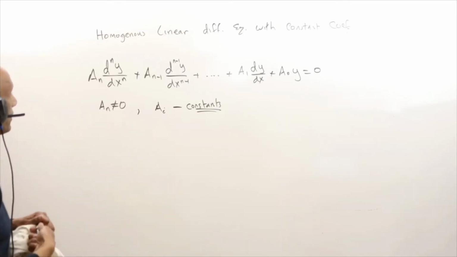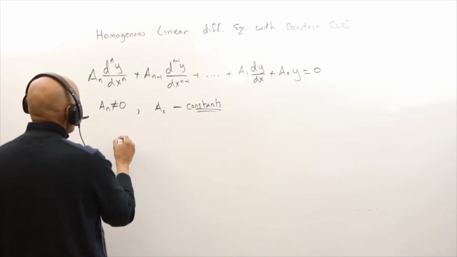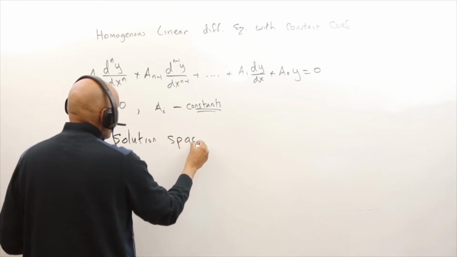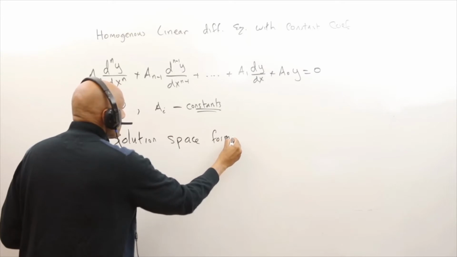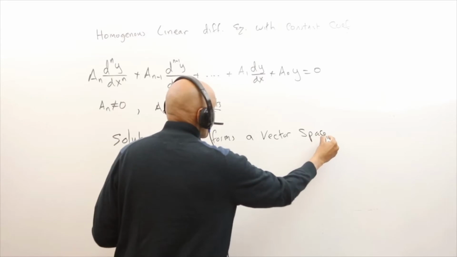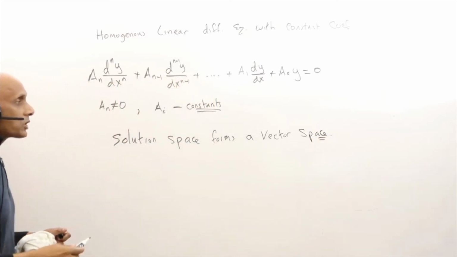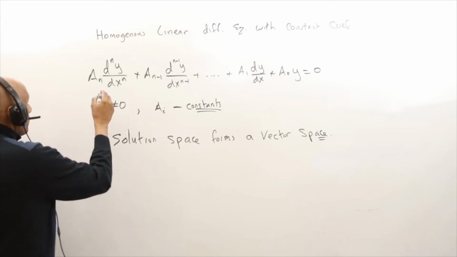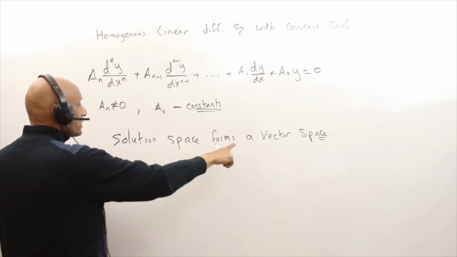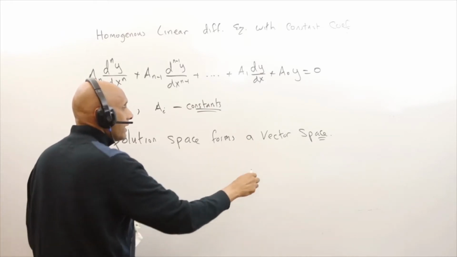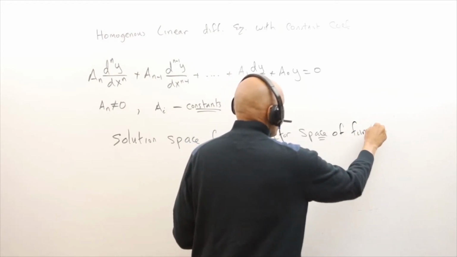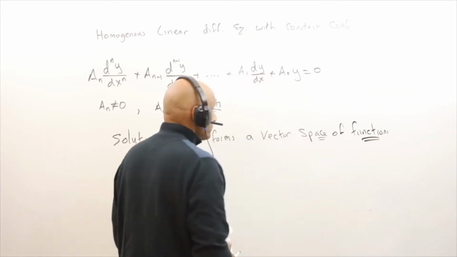Now, the main thing you have to understand is that the solution space forms a vector space. The dimensionality of the vector space is defined by the order. In this case, the solution space forms a vector space of functions, and I should be very explicit about this.